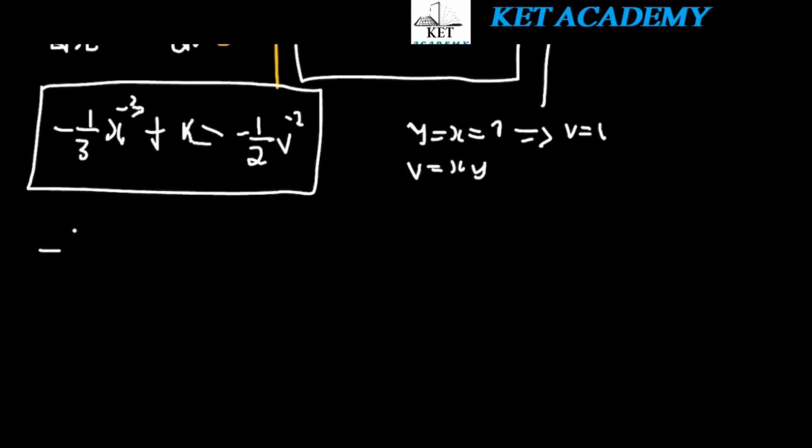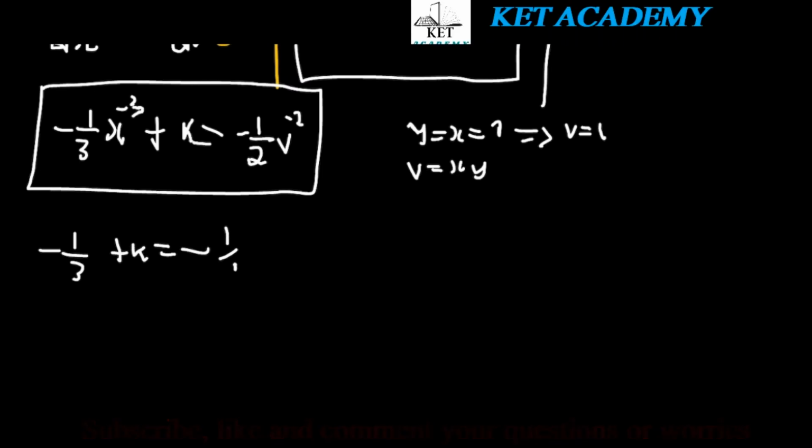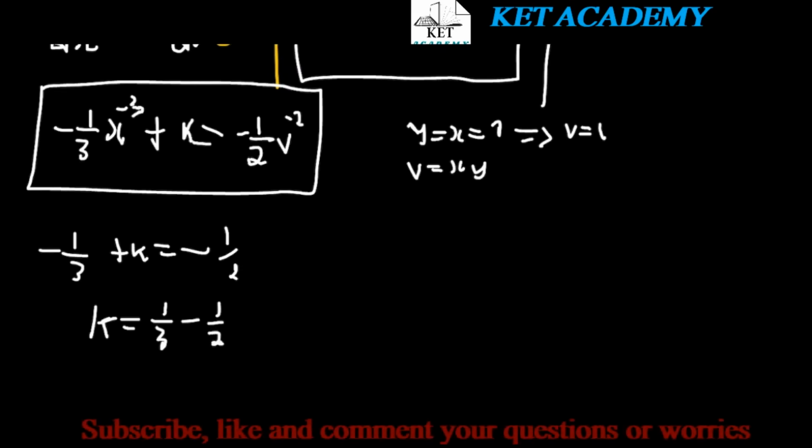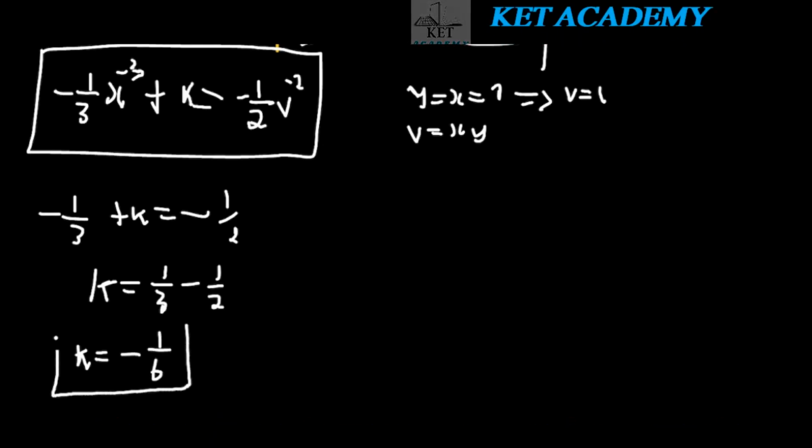Our v being 1 means that 1 on 3, x being 1 will just give us 1, plus our k equals minus a half. Therefore we're going to have our k equal to 1/3 minus a half. If we calculate that very well, we're going to see that our k will be minus 1 all over 6. So that's our k.